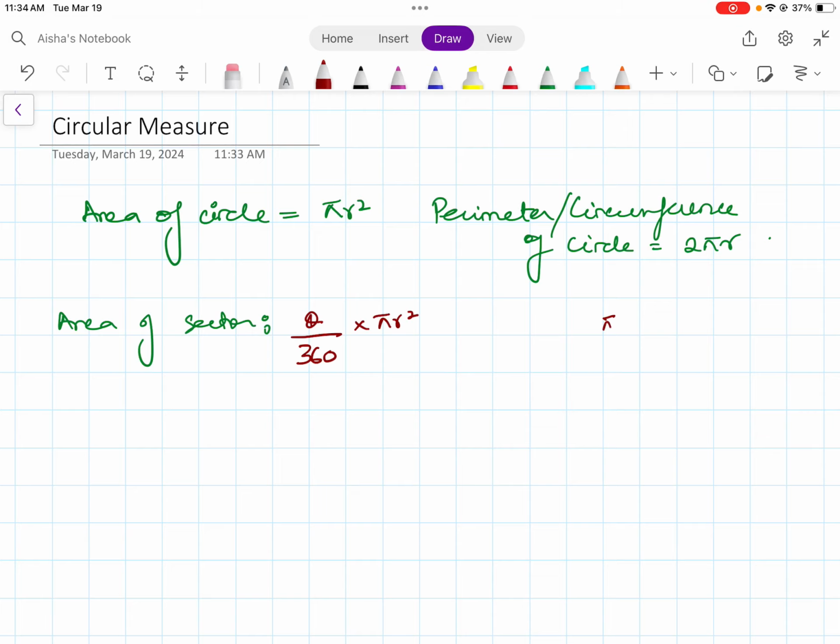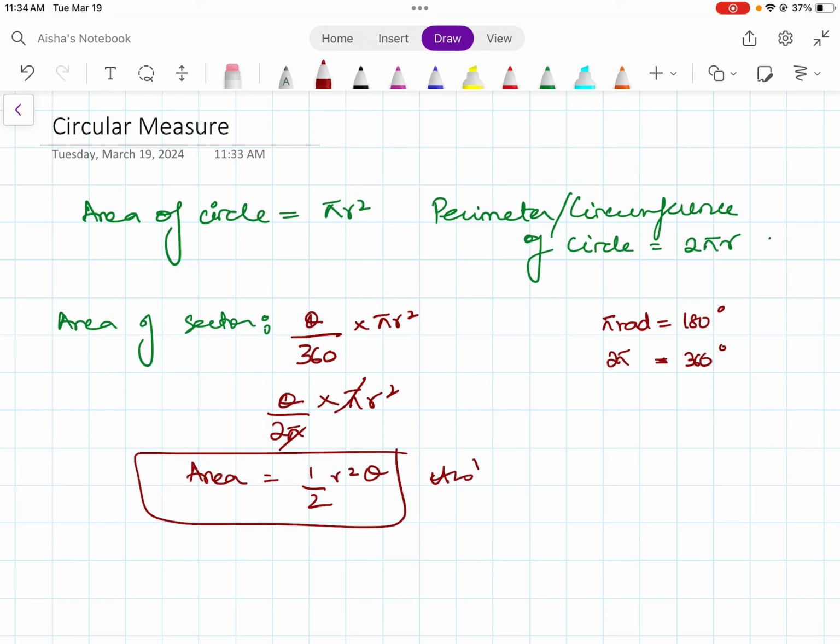Remember, pi radians is equal to 180 degrees. So 360 degrees is 2 pi radians, and if I put 2 pi in place of 360 degrees, the area comes out to be half r squared theta. This is an important formula to remember.